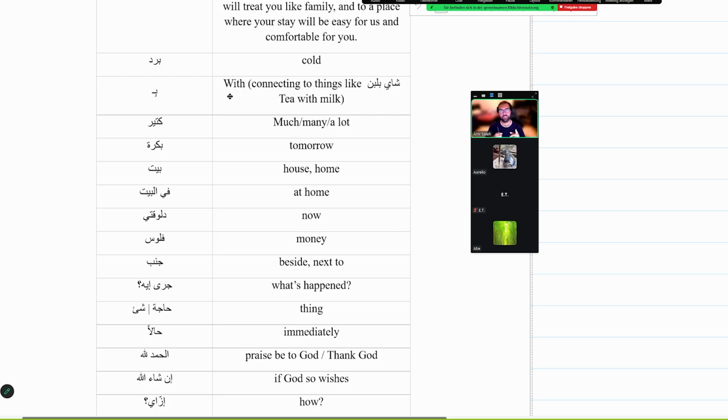B is more like combining two inanimate objects, like شاي بلبن, tea with milk. But if you want to say mix the milk with the tea, then you're going to use ma again. امزج means to mix. امزج الشاي مع اللبن. So ma is more of an active thing and B is more of a passive thing.